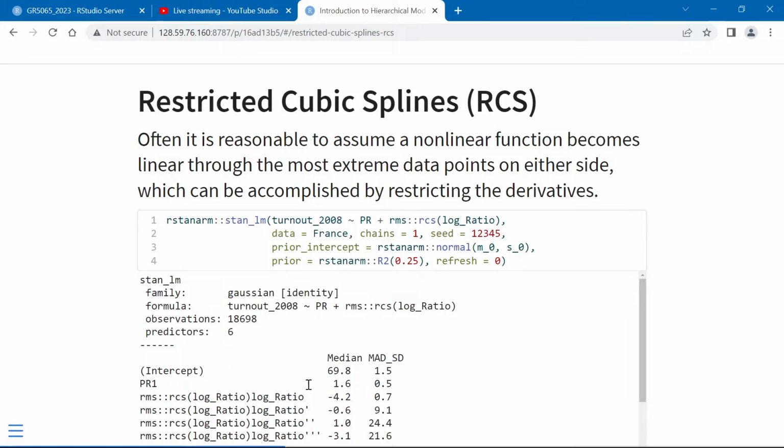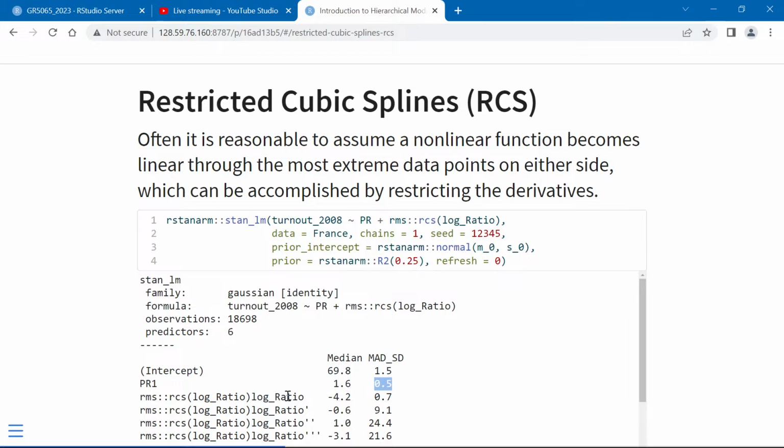Anyway, then we get estimates, or point estimates, but these are, again, just one number out of the 4,000 that you get back. Maybe a little bit of a larger effect, maybe a little bit more uncertain. And then you have these other things which pertain to the first, second, and third derivative of the function that got estimated relating turnout to log ratio.